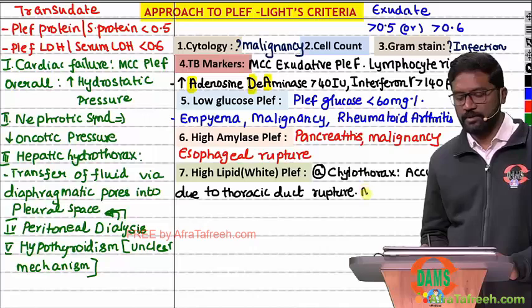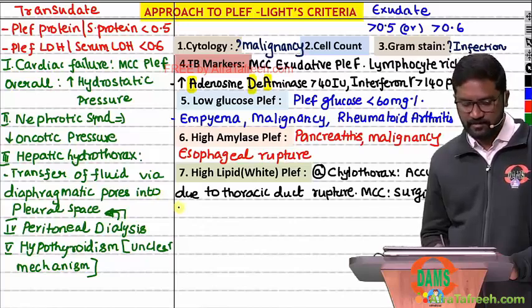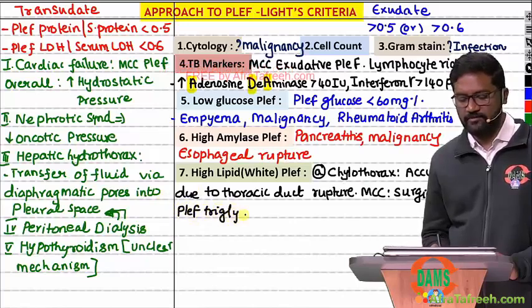Most common cause will be surgical trauma. Disease defining feature will be pleural effusion triglycerides more than 110 mg%.